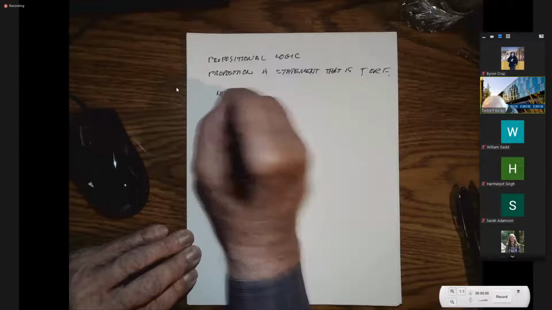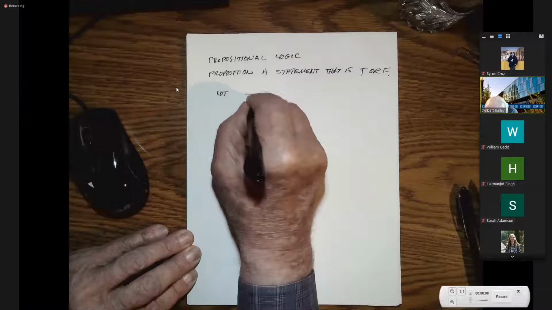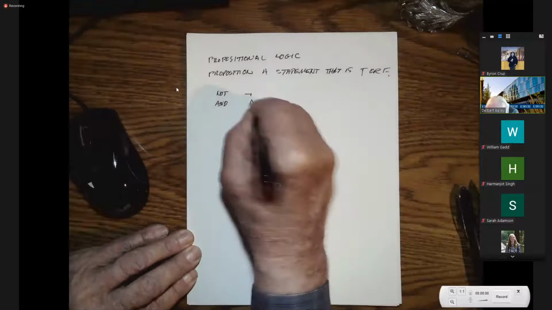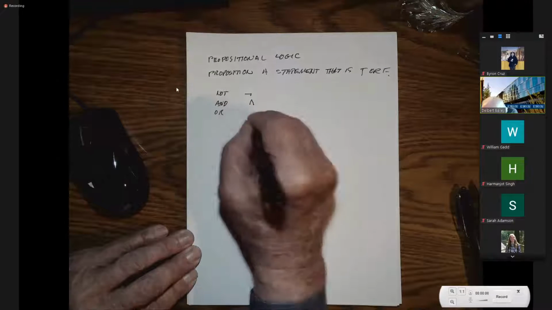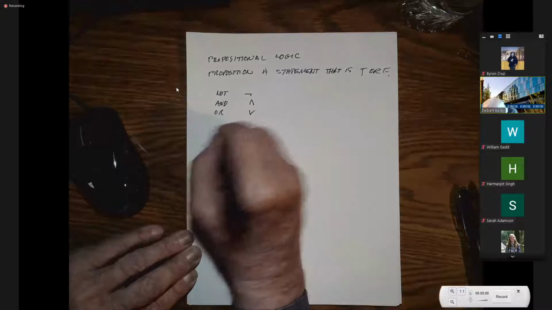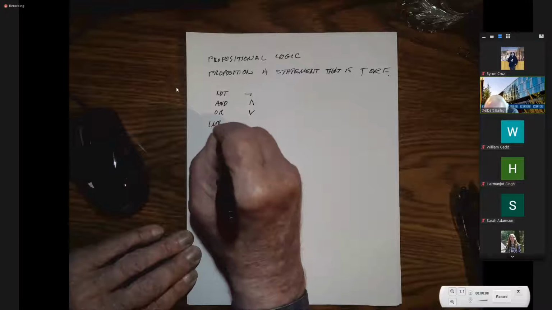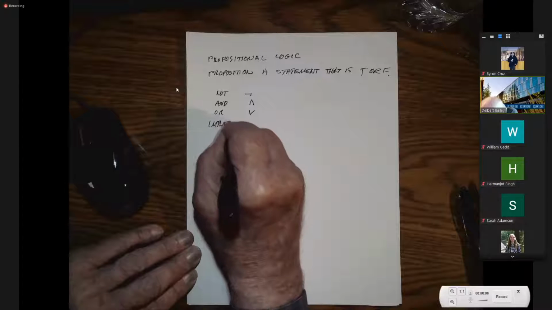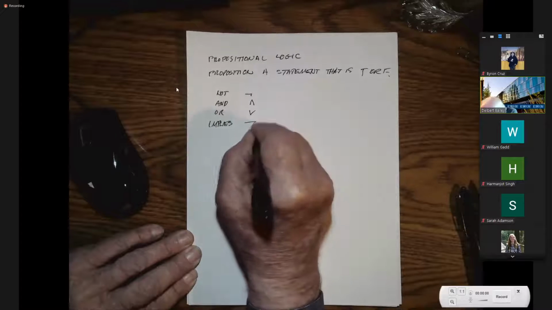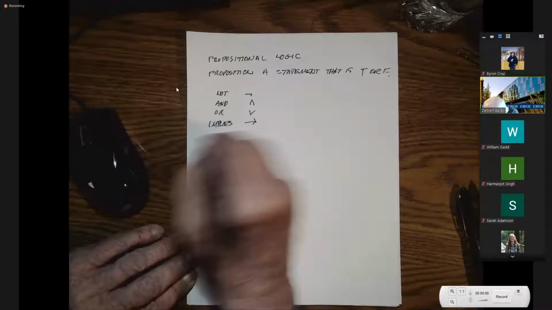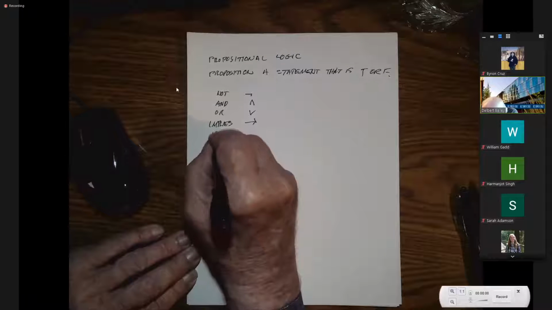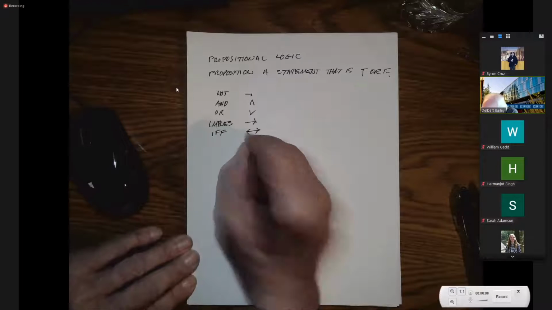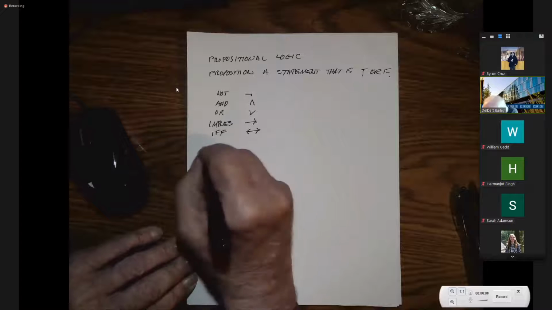For not, we use this. We've got a thing called implies, but that name can be misleading. We'll see why. And we have an if and only if. And we have some constants.